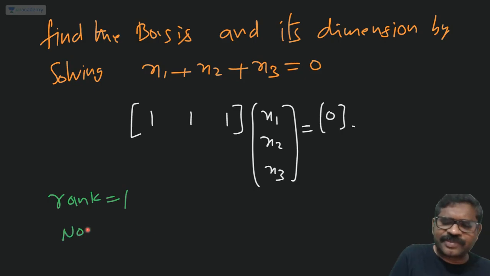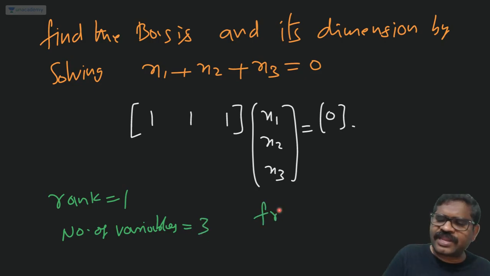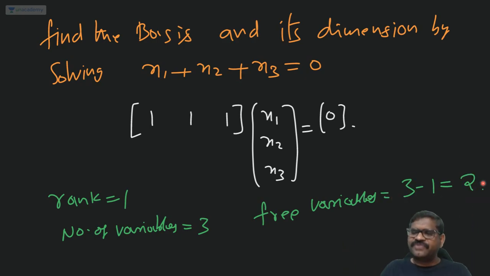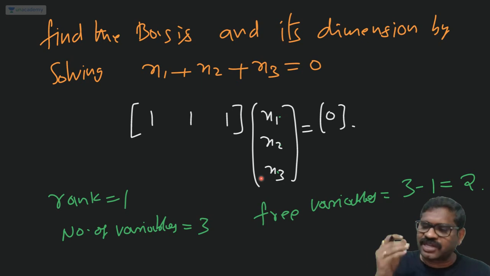Number of variables 3, so 3 minus 1 is 2; free variables are 2. Among x1, x2, x3 you have to take 2 variables as free variables. The choice is yours.